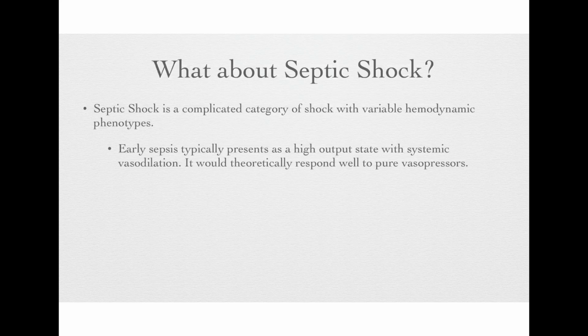In these patients, the heart is typically hyperdynamic, so very little inotropic effect is needed to improve the patient's blood pressure. Instead, you rely more on pure vasopressors to increase their systemic vascular resistance.